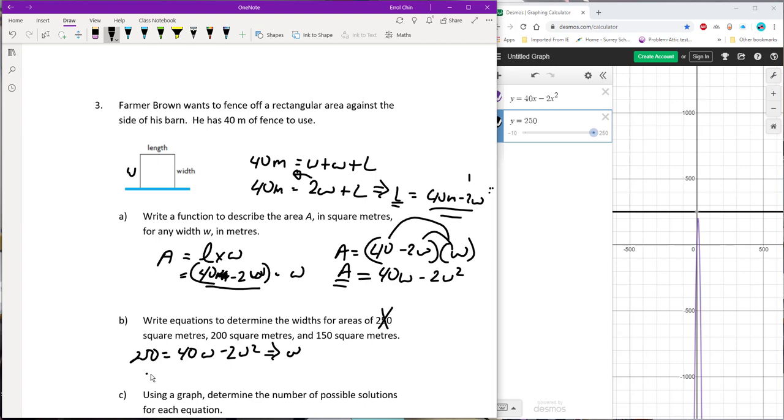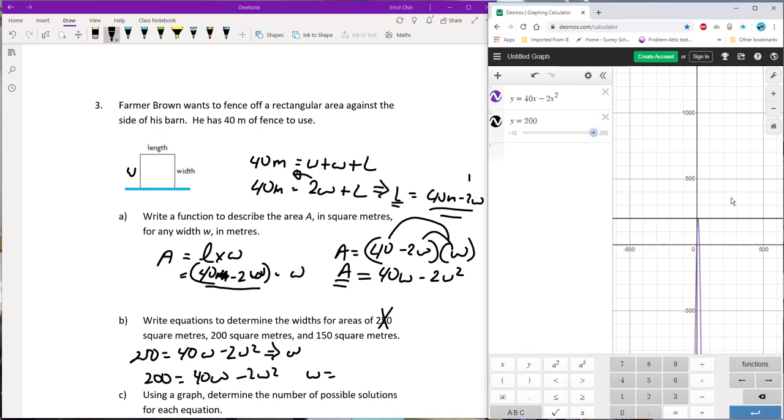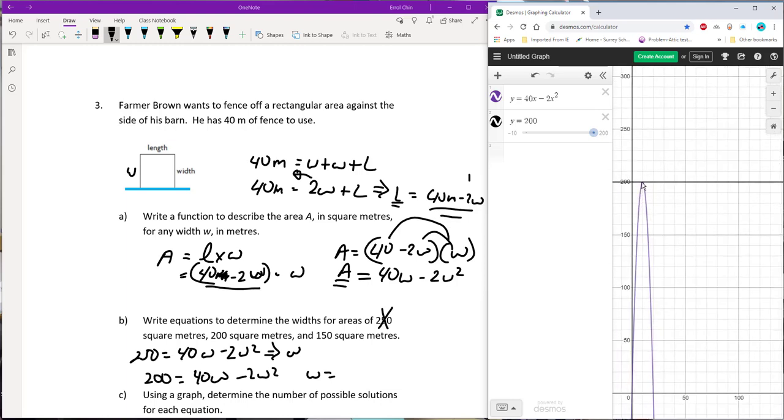Okay? I'm going to do the exact same thing. Now, it's going to be 200 is equal to 40W minus 2W squared. What is W going to equal? Well, it's the exact same equation, but this time instead of 250, I'm going to do 200. Oh, look at that. It does sort of look like it does cross. Well, it crosses right here. Oh, W would have to be, right?